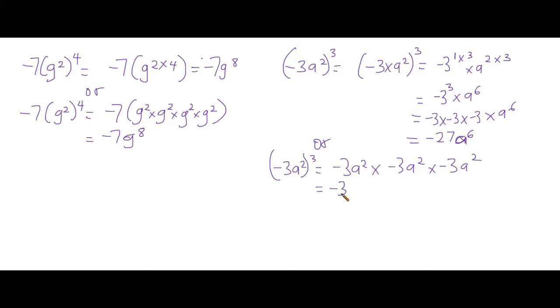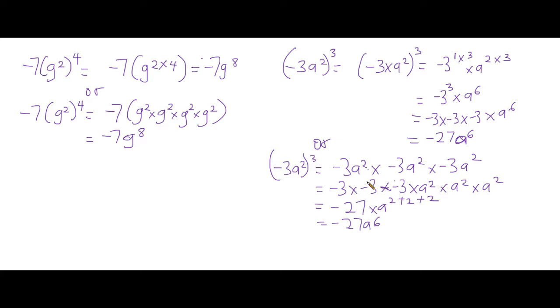Minus 3 times minus 3 times minus 3 multiplied by a squared times a squared times a squared, and this will still give us the same thing as above, minus 27. Doing this, the law of indices, 2 plus 2 plus 2, and this will be minus 27 a raised to the power of 6.